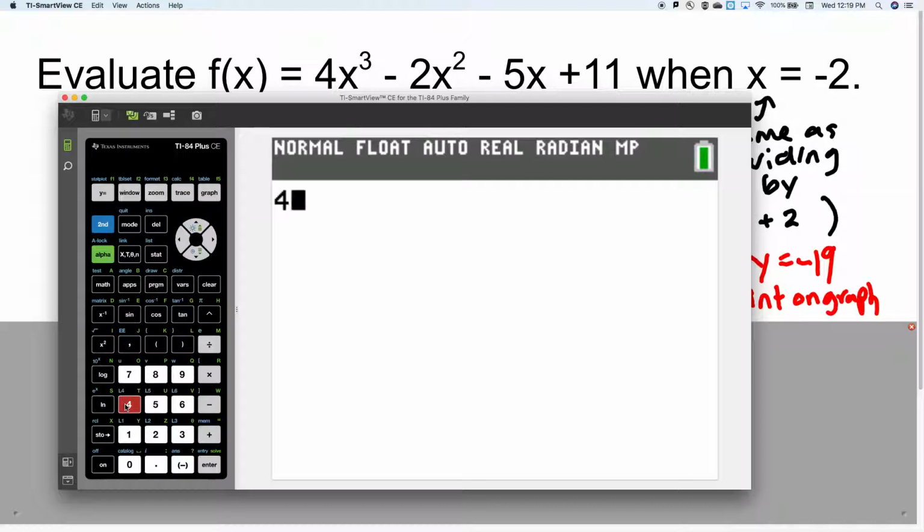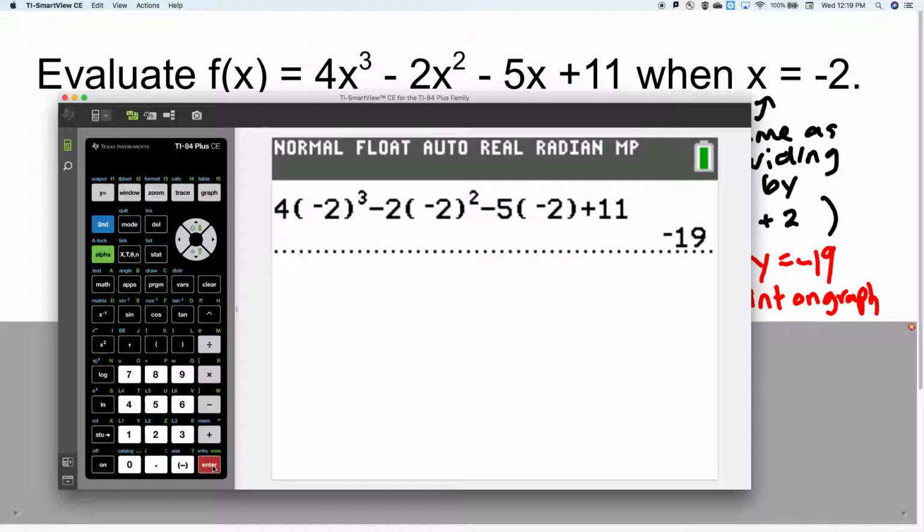So 4 times -2 cubed minus 2 times -2 squared minus 5 times -2 and then plus 11. Did I get all my signs right in there? Okay. Oh, it is -19, isn't it?